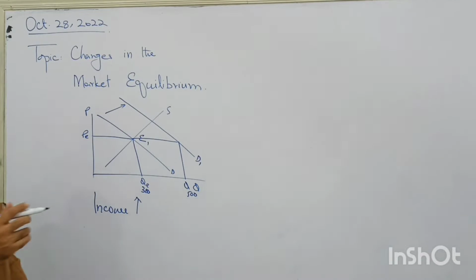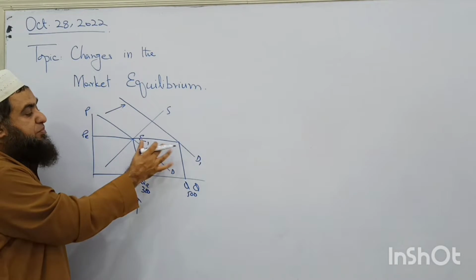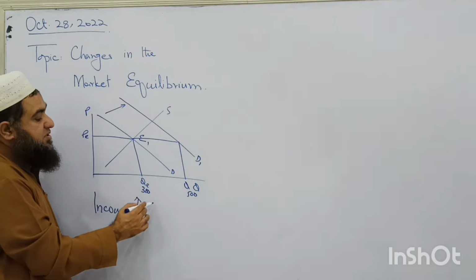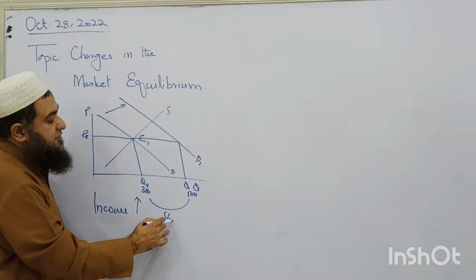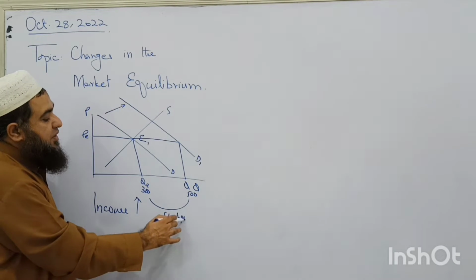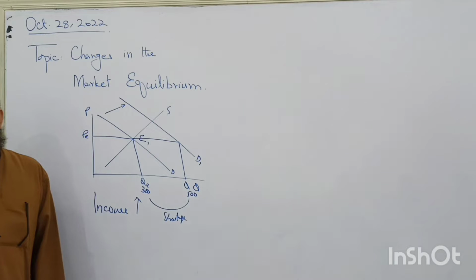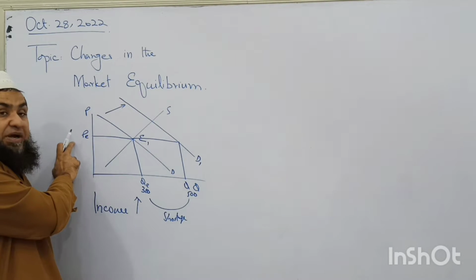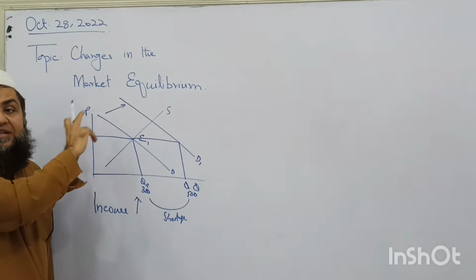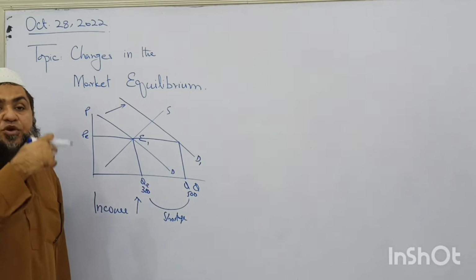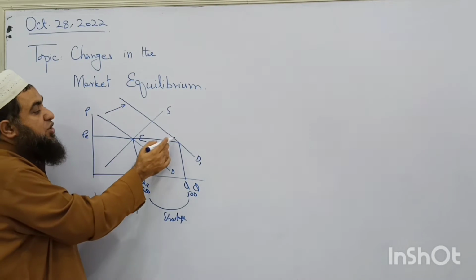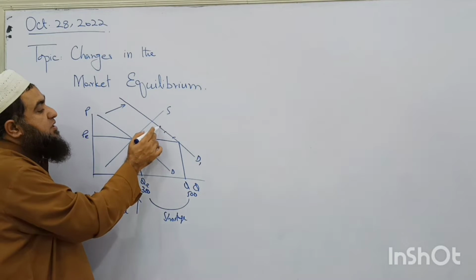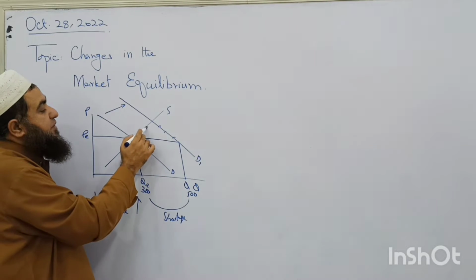So what we find over here is that there is going to be a shortage of the quantity. Consumers are demanding more than supply at the previous price level. So what happens when there is a shortage? It will put pressure on the market price to go up towards equilibrium.